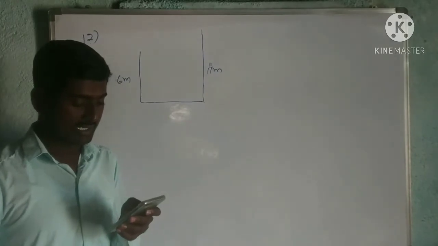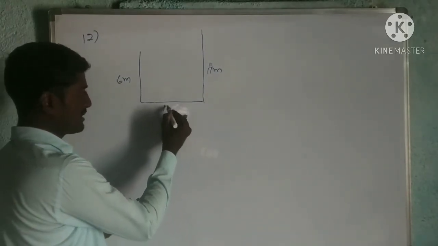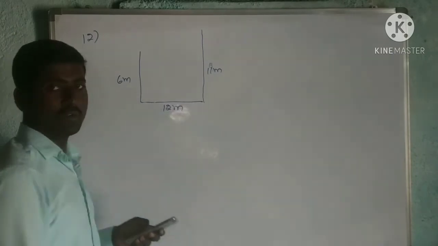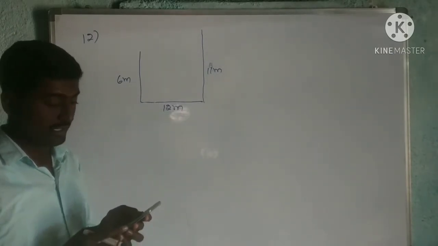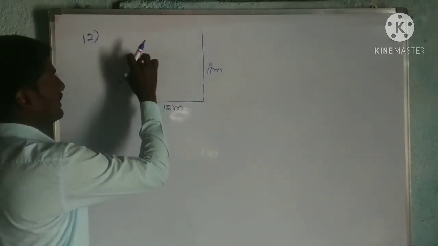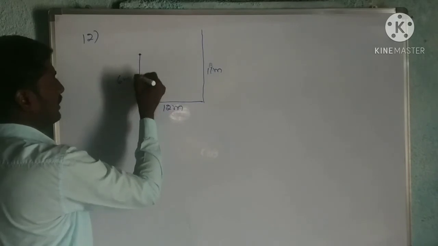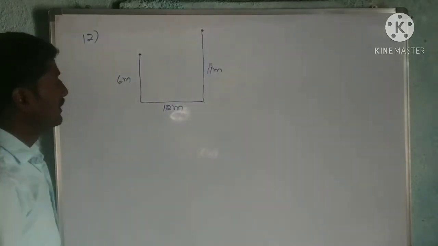Next, if the distance between the feet of the poles is 12 meter. So this is the distance between the feet of the two poles, 12 meter. Find the distance between their tips. We have to find the distance between the tips. So this is the top of this pole and this is the top of another pole.